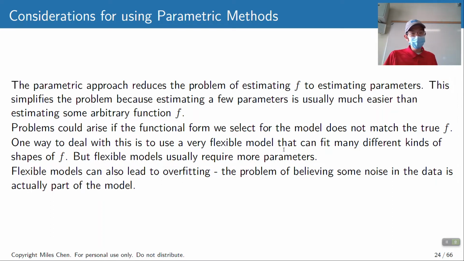So one way we can deal with this is to say, let's make a flexible model. Let's take a model that can fit all kinds of different shapes, not just linear things, and generalize it by applying some kind of transformation function to the variables. And if you do that, you're going to require more parameters, okay?